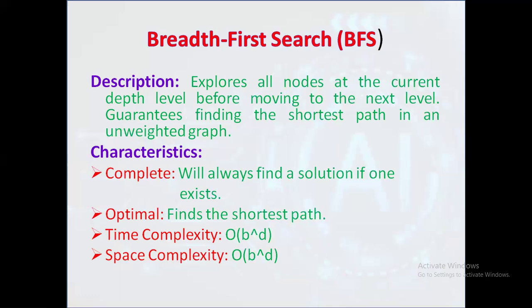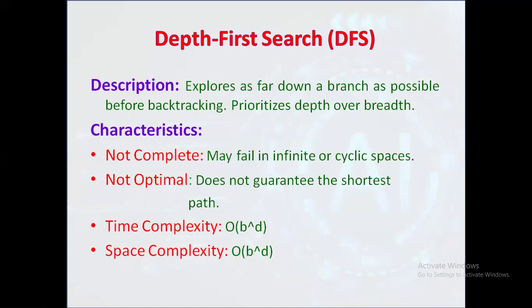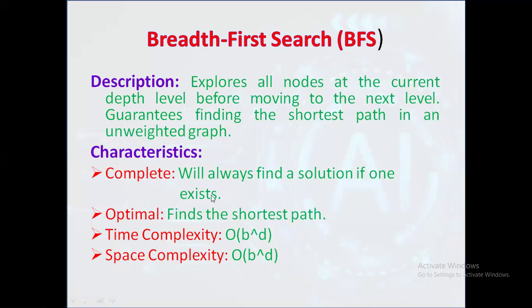It guarantees finding the shortest path in an unweighted graph by considering all possible paths at each level before proceeding further. BFS is a complete algorithm, meaning it will always be able to find the solution if one exists, and it is optimal, ensuring that the shortest path is found in terms of the number of actions.